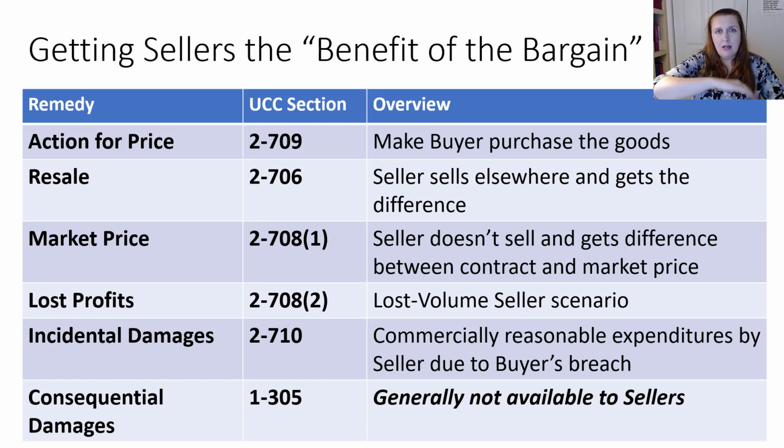Whatever the difference between the amount that the sellers had to pay to get the goods and the amount that they're selling them to the buyer for, that's going to be the profit. And so that's the number, right, that the UCC is trying to get the sellers to.